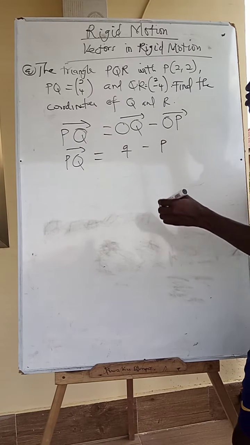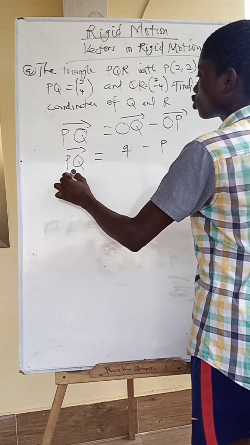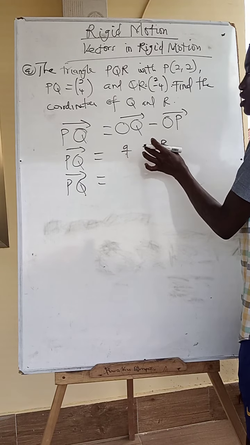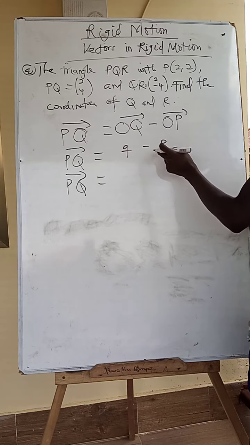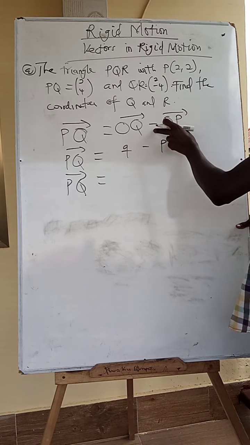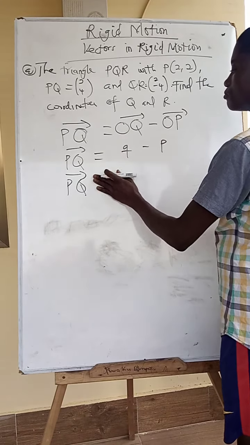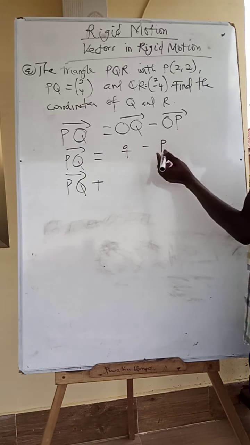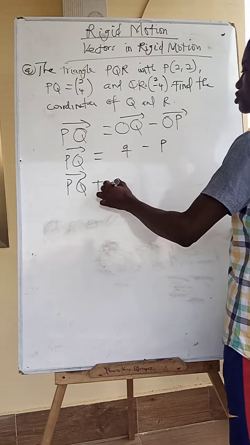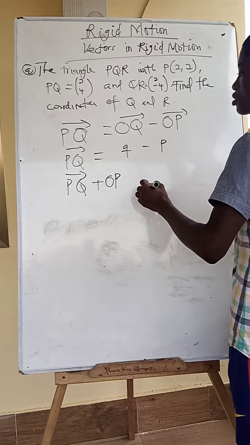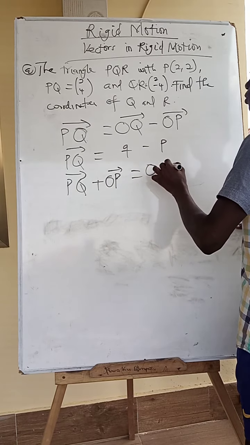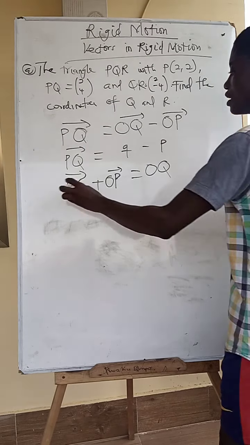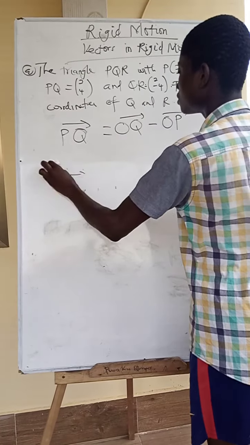If you want to make Q the subject, you have to take P to the other side. And this OP is negative here, so when you move it to the other side it becomes positive, OP. And this is our OQ. Is it clear?